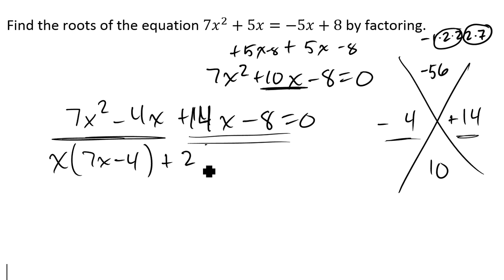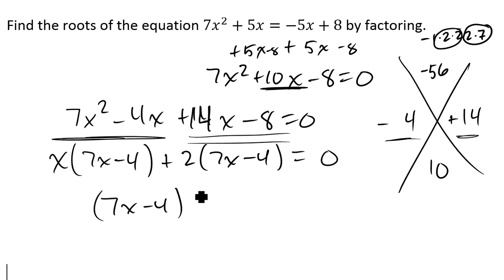When I take out the factor of 2, I have a 7x minus 4. You can see at this point that I have a beautiful common binomial factor of 7x minus 4. So we write the 7x minus 4 out front. When I factor that out in front, I'm left with an x and a plus 2, x plus 2.